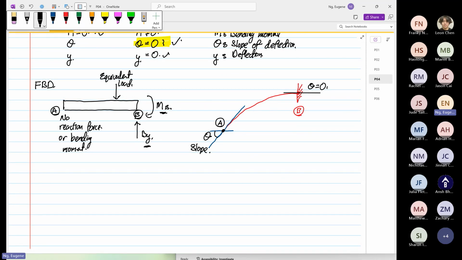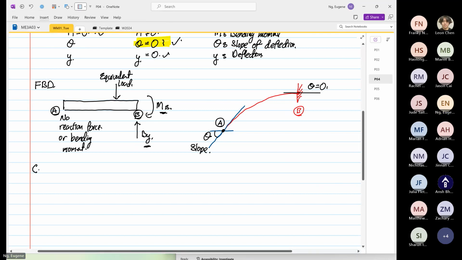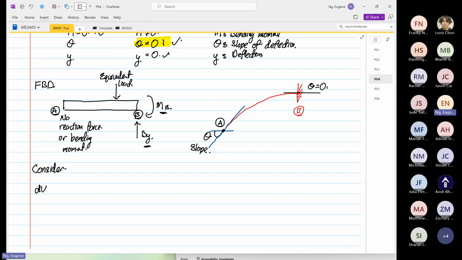So first, we have to consider the expression that dV over dx is equal to minus omega x. So what do we mean by omega x? We go back to how the structure is distributed.